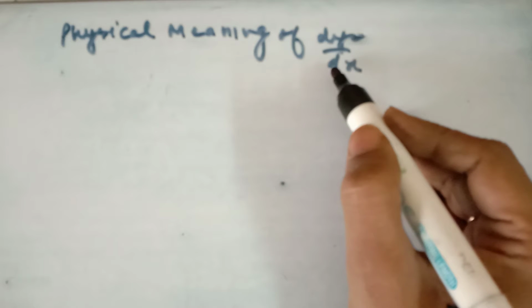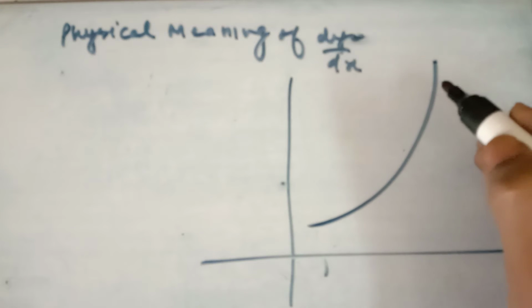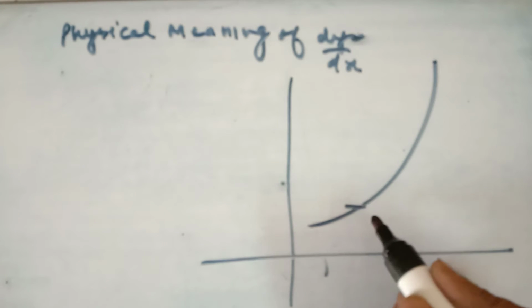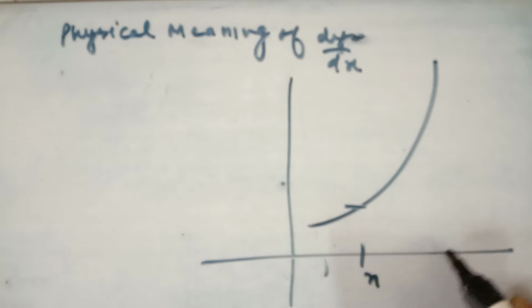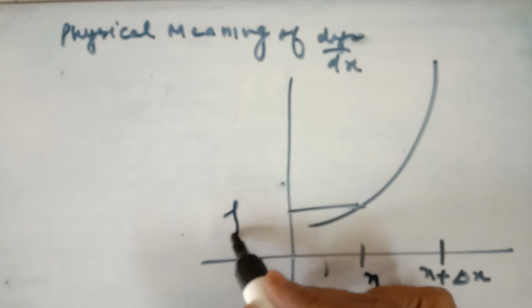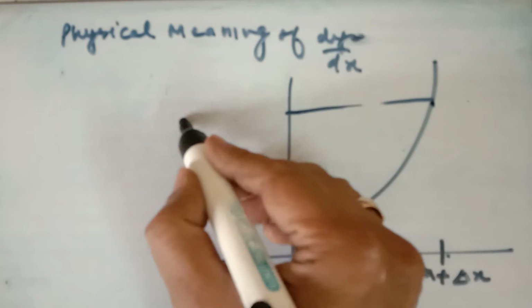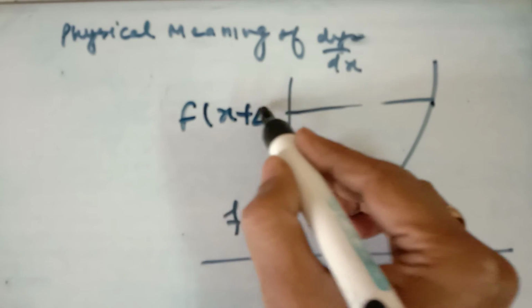To study the physical meaning of this d by dx, let us draw a diagram like this. Let us take a curve, and a point x, and another point x plus delta x, and its value at this point, let us say, is f(x), and at the other point let its value be f(x + delta x).